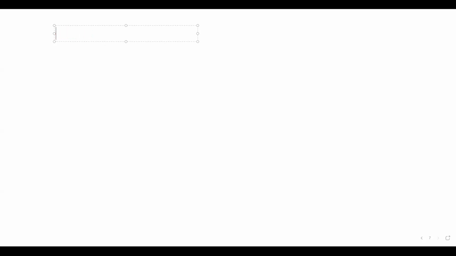Now what we will do is try to draw the structure from the name. So the name will be given and now we will try to draw the structure.